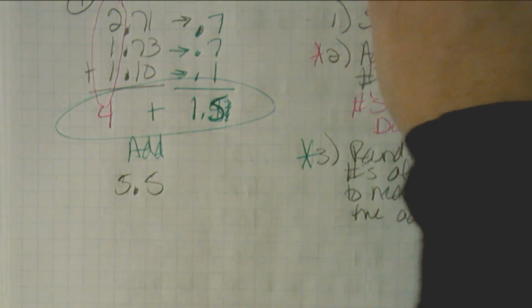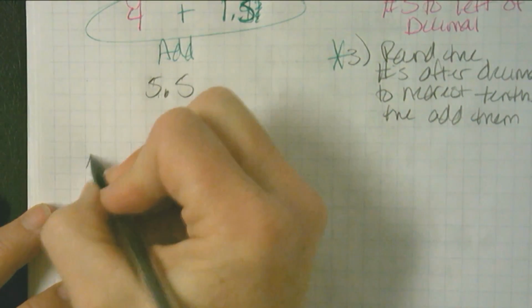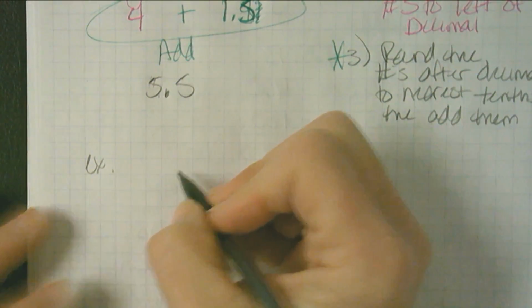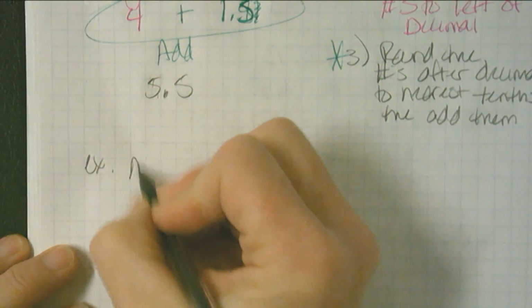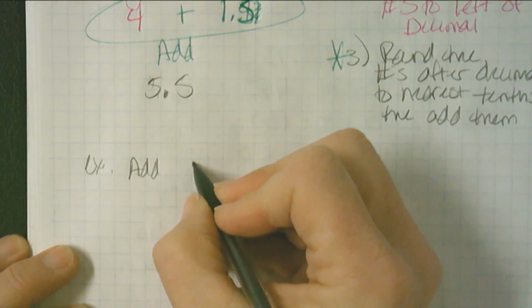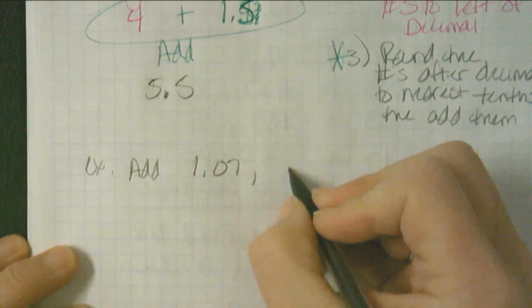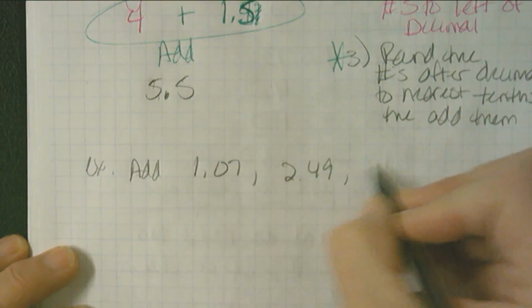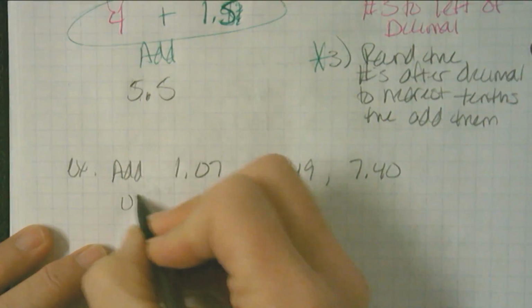All right, let me show you one more. I want you to add 1.07, 2.49, and 7.40 using front-end estimating.